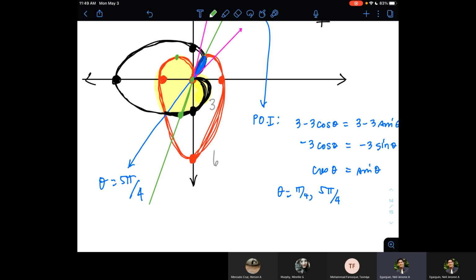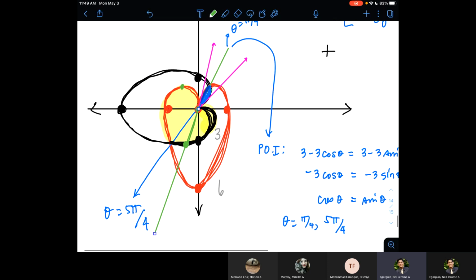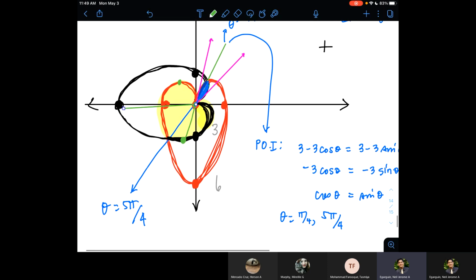And that's quite different from what we encountered before the point of intersection, wherein the radius is until the red curve, right? Red curve, red curve, red curve, and then we hit the POI. Right after the POI, the radius is determined by the black curve, all right?